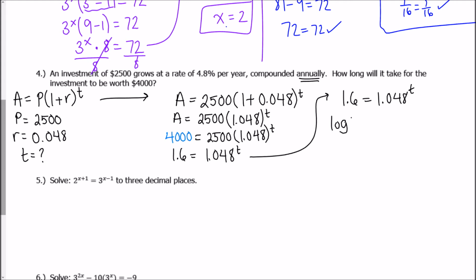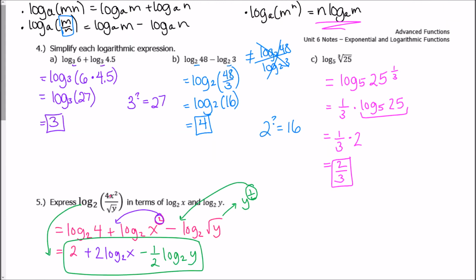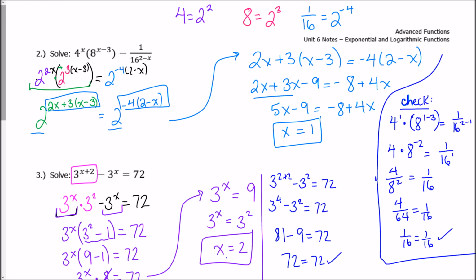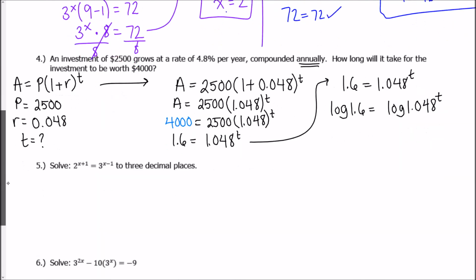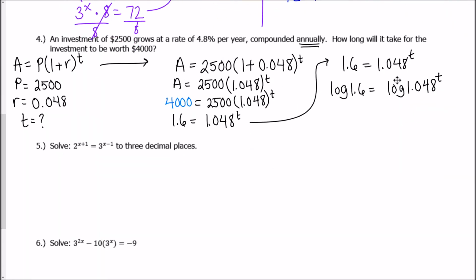And the reason why I'm going to log both sides is that once I log the right side, we can use our law of exponents from before, where log base a of m to the power of n is equal to n log m. I can bring this exponent out right in front, which is exactly what I need to do in order to get this t out of this exponent. So I'm going to log this side, but whatever I do to one side, I do to the other side.